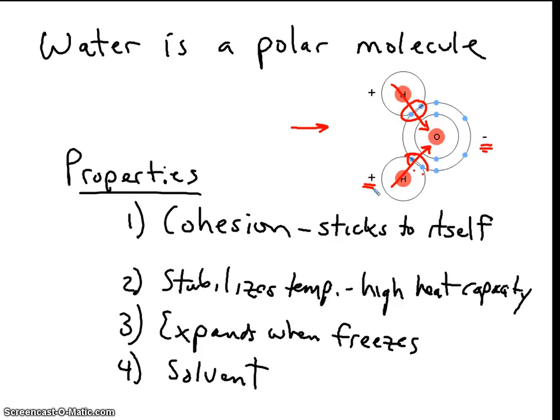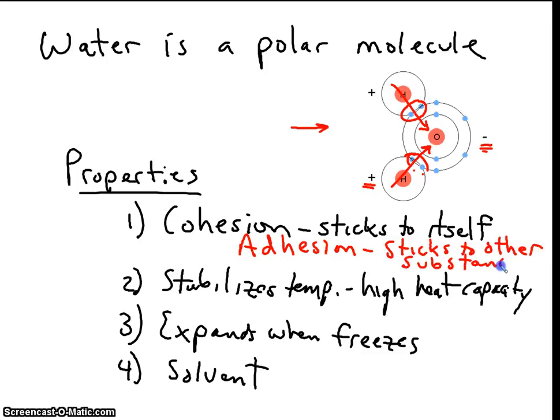The first one is that water is cohesive. It sticks to itself, and related to that is adhesion. It sticks to other substances, and I should say other polar substances. The second thing, it stabilizes or moderates temperature. It's got a high heat capacity, so it acts as a heat sink.